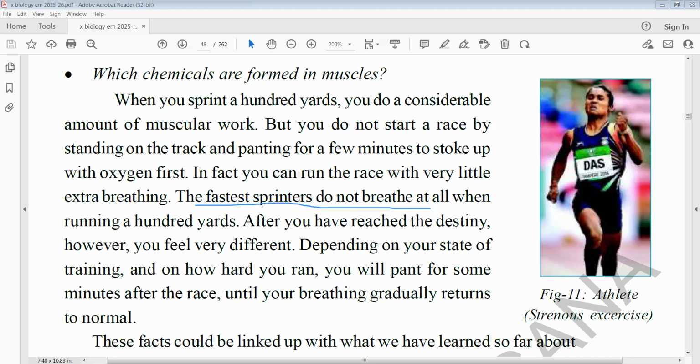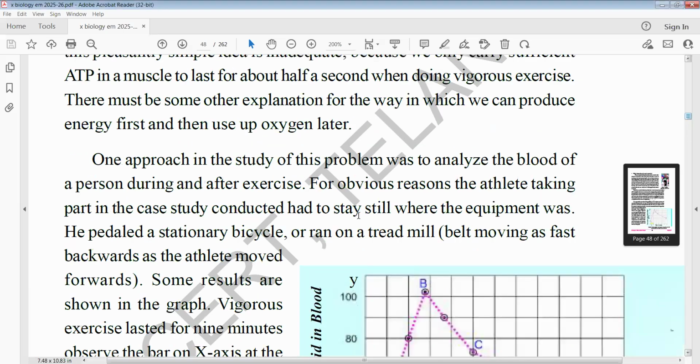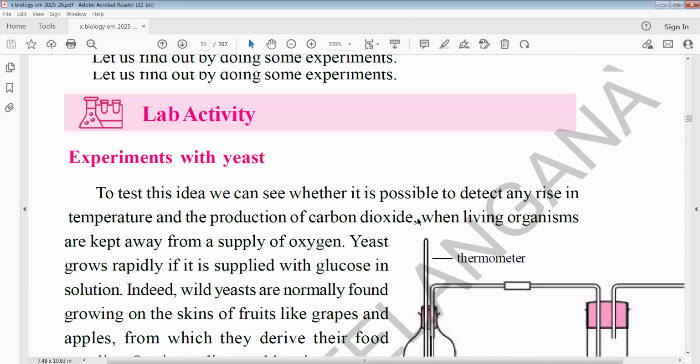At that time oxygen decreases. Due to the absence of oxygen, the glucose which is present in our body muscles is converted into lactic acid. If the lactic acid remains in our body, we get body pains. You have to keep that in mind. So this is the experiment.